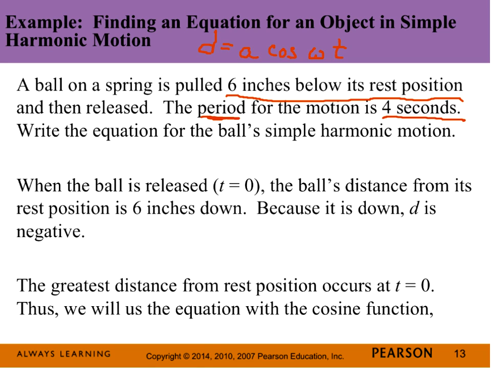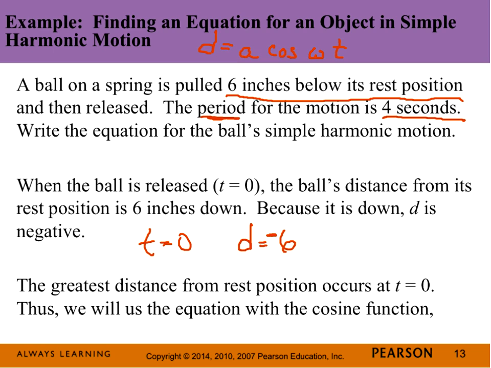So we have a time of 0, and we have a distance of 6, since we're 6 inches below the resting position. That means since we're 6 inches below the resting position, that 6 is serving as our amplitude.